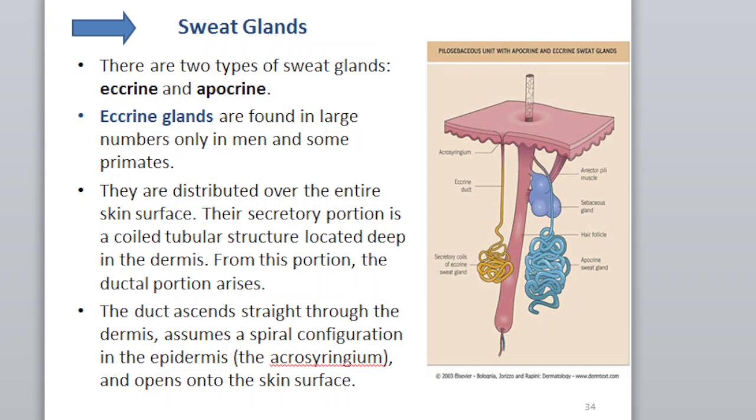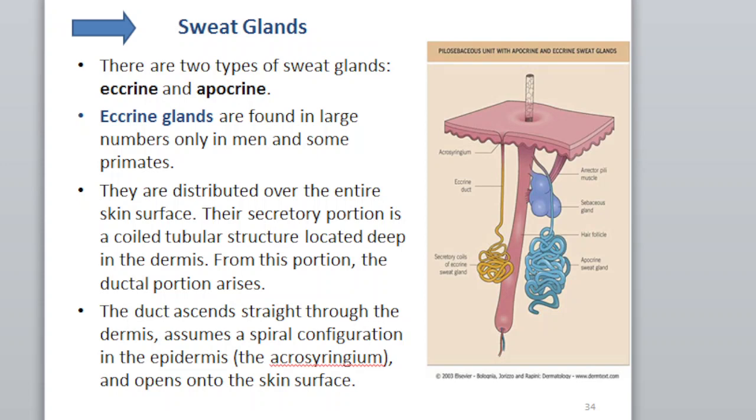Sweat glands. There are two types of sweat glands, eccrine and apocrine. Eccrine glands are found in large numbers only in men and some primates. They are distributed over the entire skin surface.